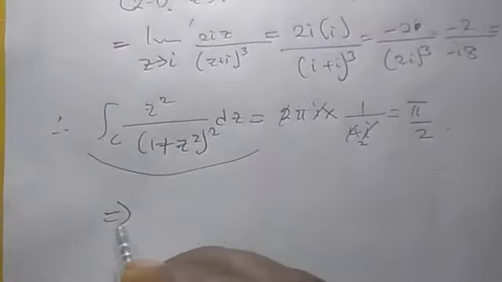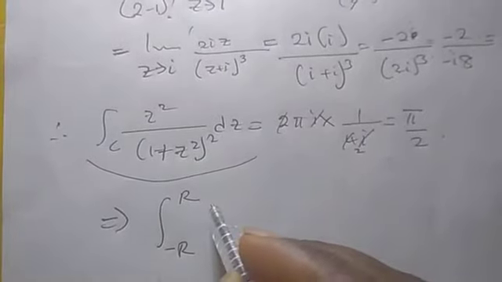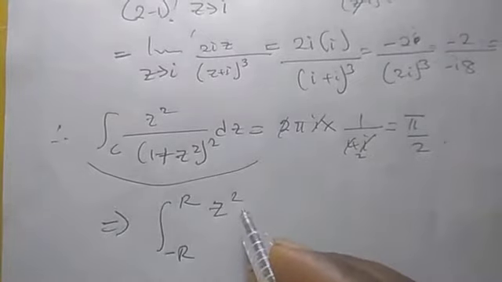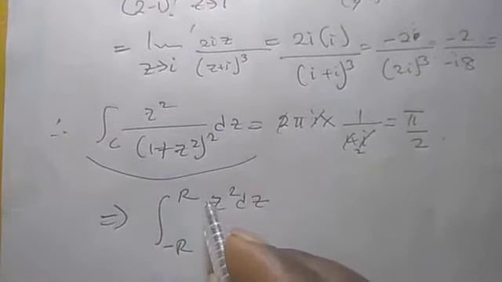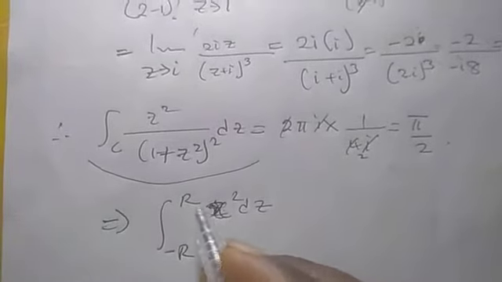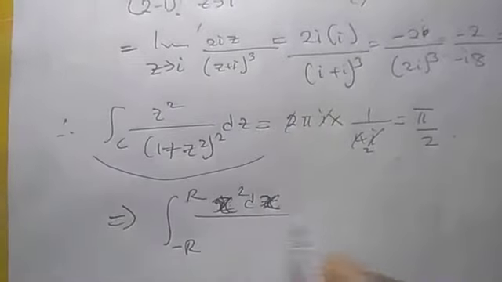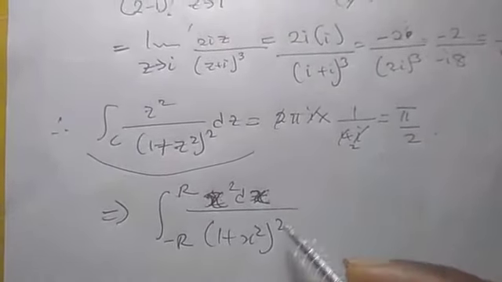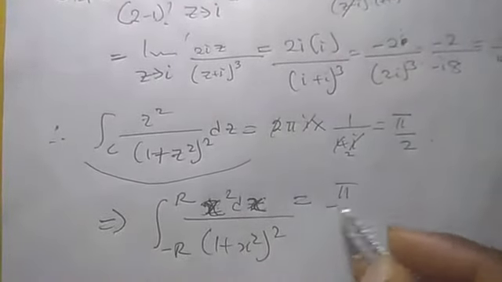So we can now say that this implies the integral from minus R to R of z squared dz, which in fact will turn to x now because of the real part, x squared over (1 plus x squared) all squared, is equal to pi over 2.